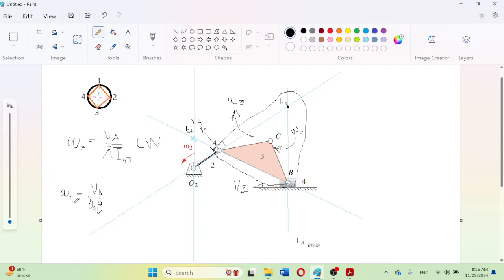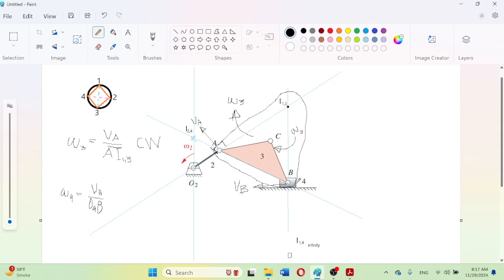Actually I could not write well on this Windows Paint. So this O4B, this O4 will be located at infinity, because this slider is equivalent to an effective rocker, which is of infinite length.